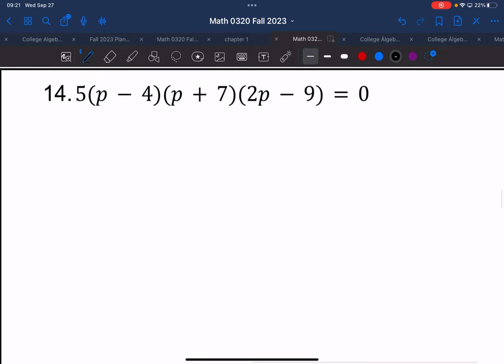Go ahead and work on 14. 14, same concept as 13.